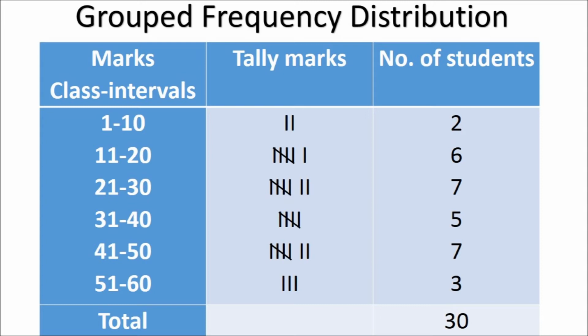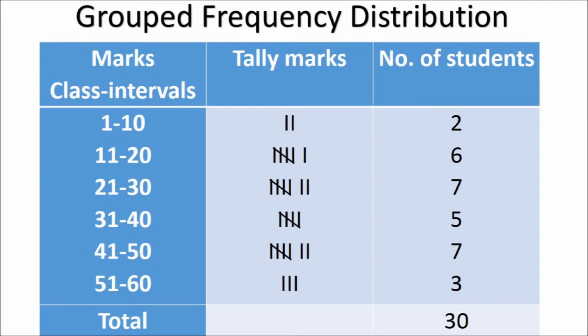Here, we first put the class intervals in the first column. Secondly, in the second column, the tally bars are created. And finally, the value of the variable is calculated and placed in the third column, that is the frequency.